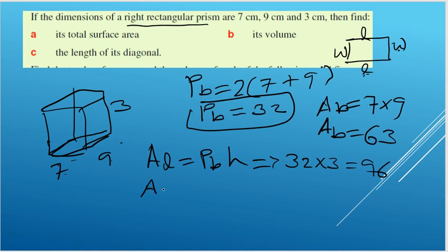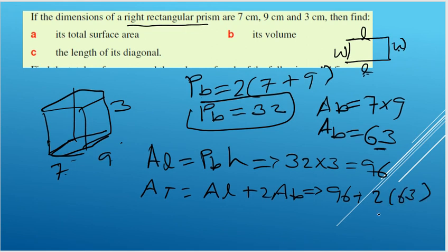And area total is equal to area lateral plus 2 area base, which is area lateral 96 plus 2 area base, means we multiply 63 by 2. 2 times 63 will be 126, plus 96.